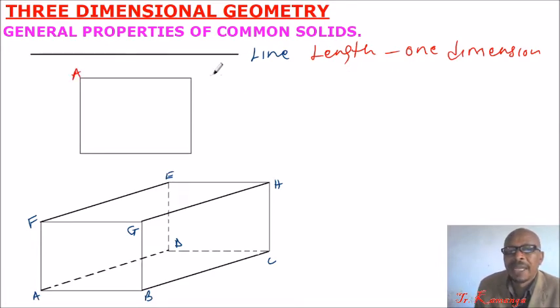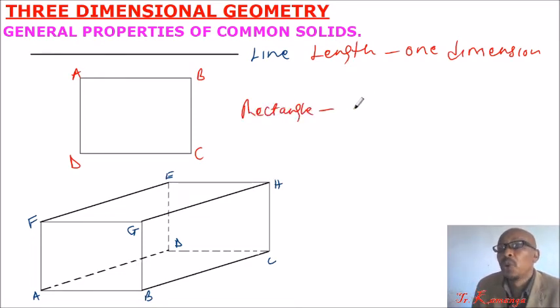We can name it A, B, C, and D. For this rectangle, or a plane figure, you can find the area. So figures for which you find the area, those are plane figures, we call them two-dimensional figures.